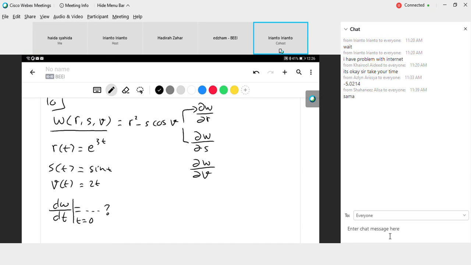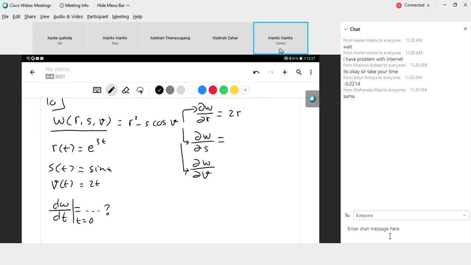Before we use the chain rule, normally, again, just follow the flow. We need to find all the first derivatives first. With respect to R, what will I get? The first derivative of W with respect to R is 2R.